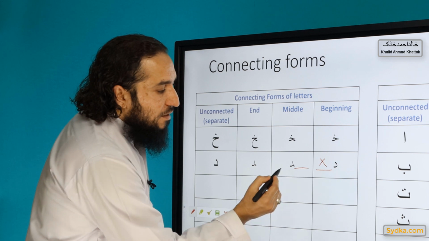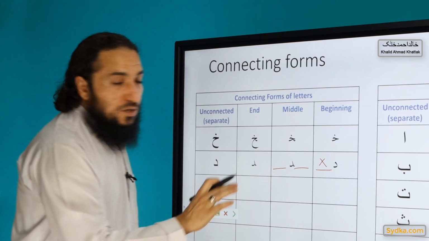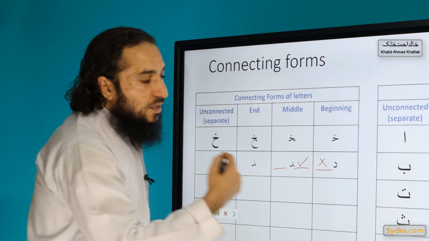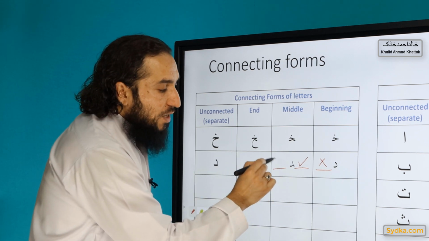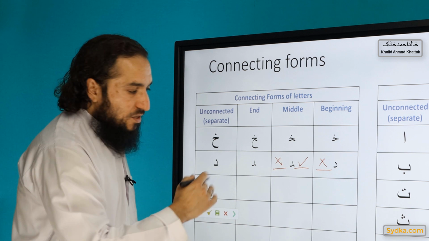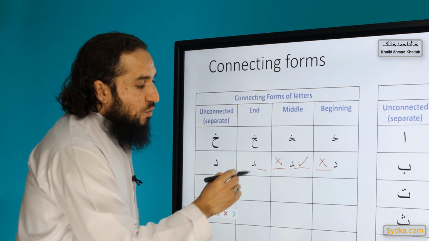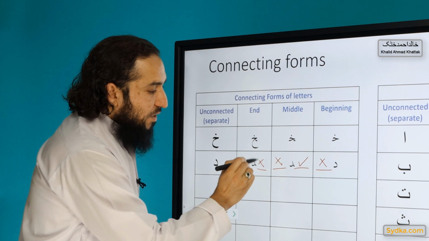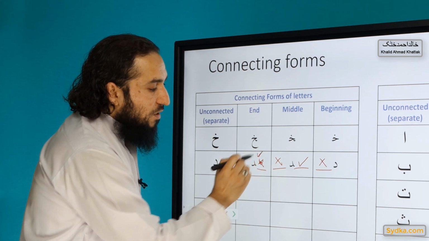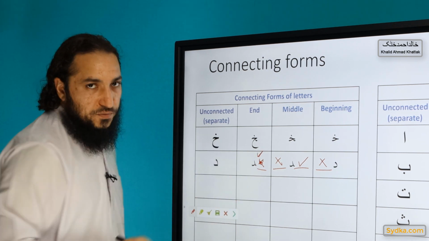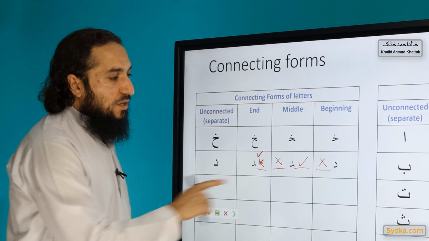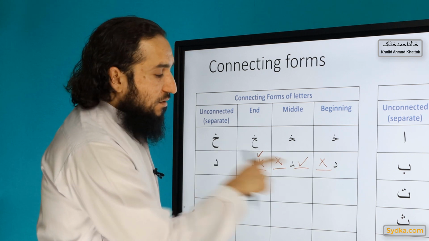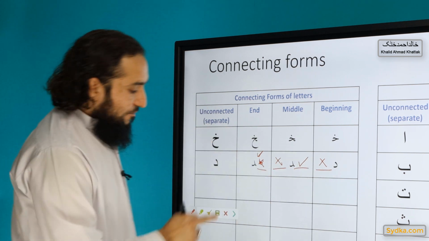When it is in the middle of a word, we can connect other letters before it, but we cannot connect other letters after it. And similarly, we can connect other letters with it when it comes at the end of the word. So it is a non-connector because we cannot connect the letters after it.